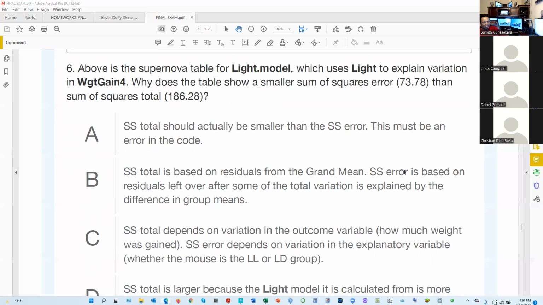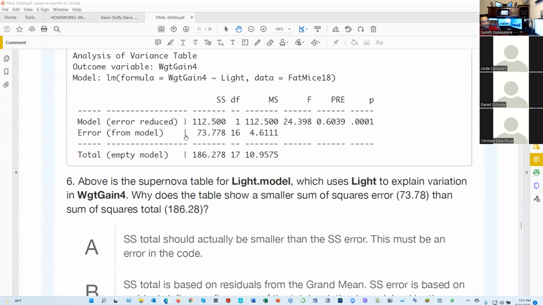That's true. But SS error is based on the residual leftover after this much is explained by that one. That means you have carried this much, some being explained by the model because there's leftover. That's why this number is less than that number. That's what they're trying to say.